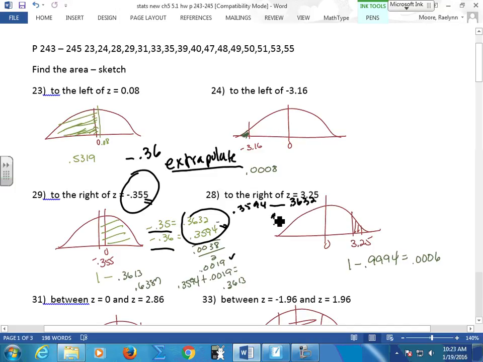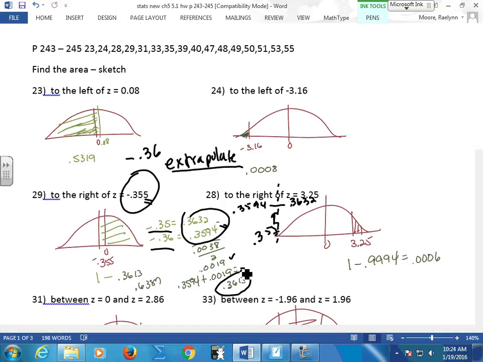That's where your area falls, 3.355, halfway between. So if you take the difference, divide it in half, and add that half to this number, you will find exactly that area. Then you're just going to subtract it from 1.